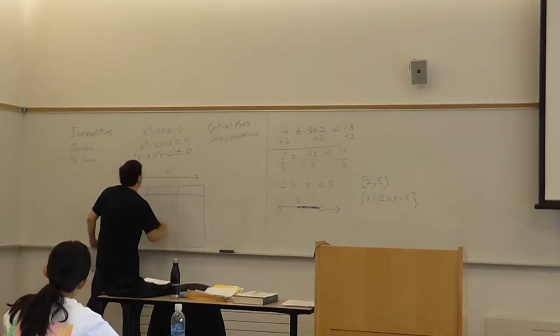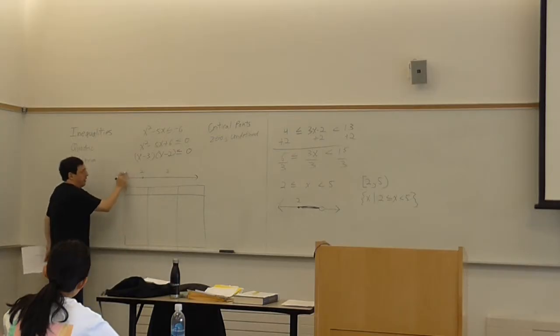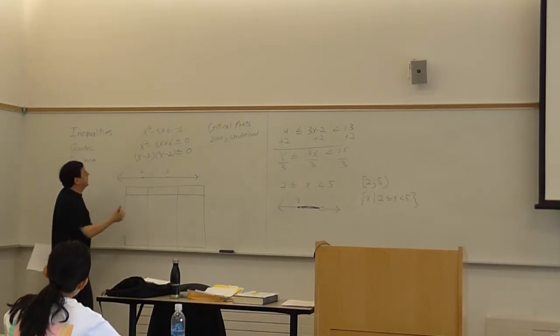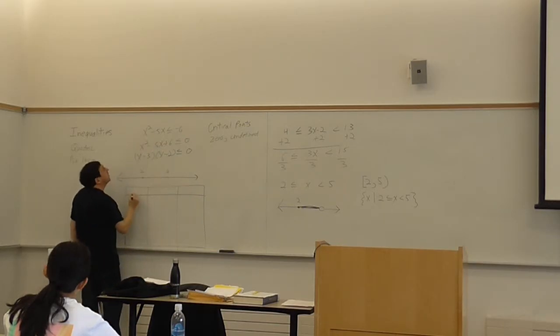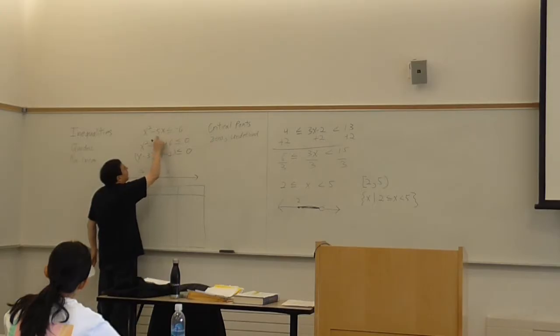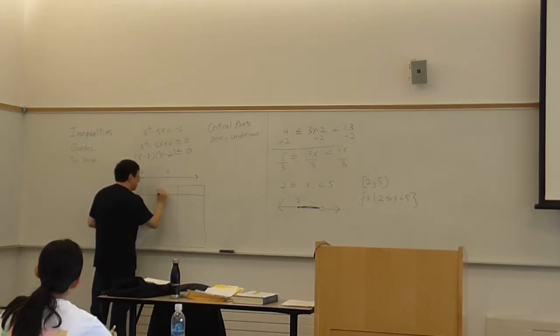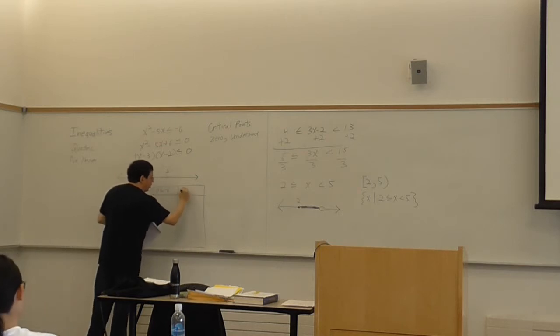So the first thing I'm going to check is down here, less than 2. I want to check something easy, and a good easy thing is often 0. If I plug in 0 here, I get 0 is less than or equal to -6. Well, I'm just going to write false.